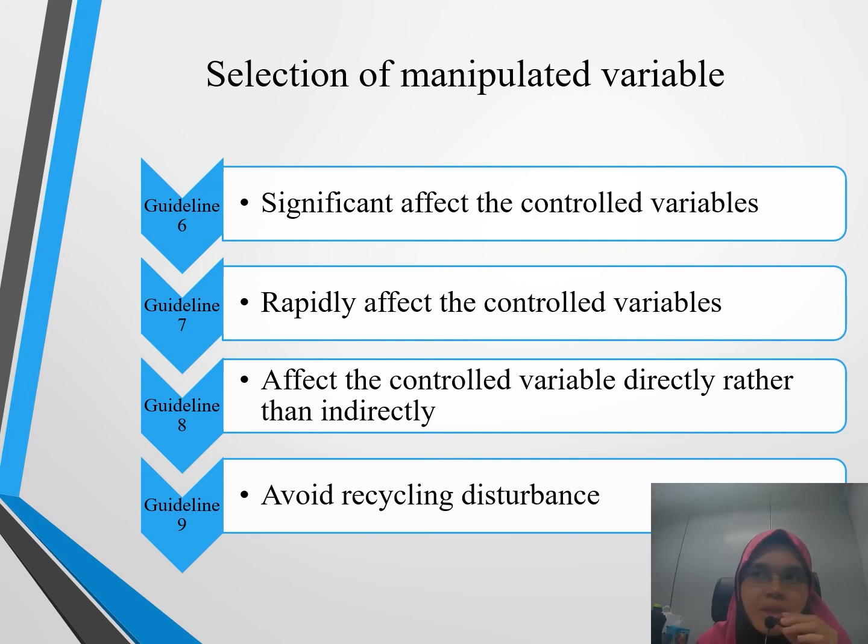The first one is significant effect or direct effect. And then it should have a rapid effect. We don't want to change the flow rate and wait for another years before your control variable changes. That is something wrong. Changing the flow rate of steam should increase or reduce your temperature as soon as possible, not waiting another years to change it.